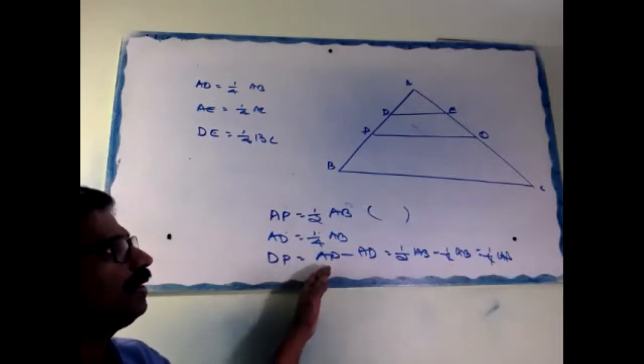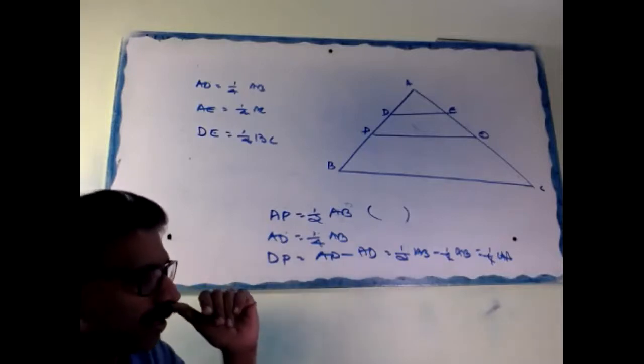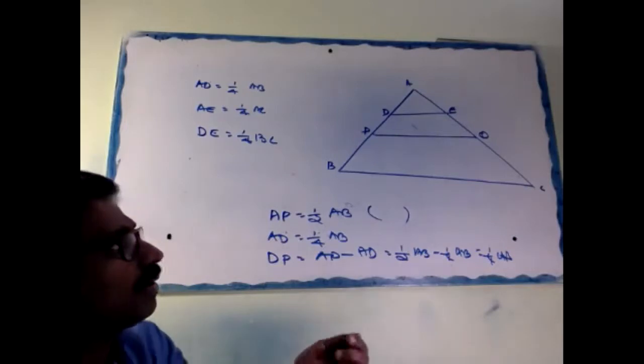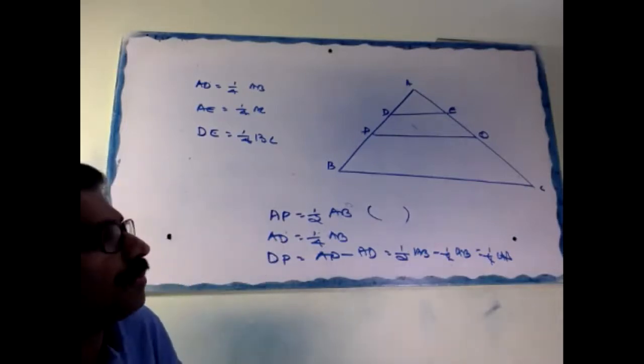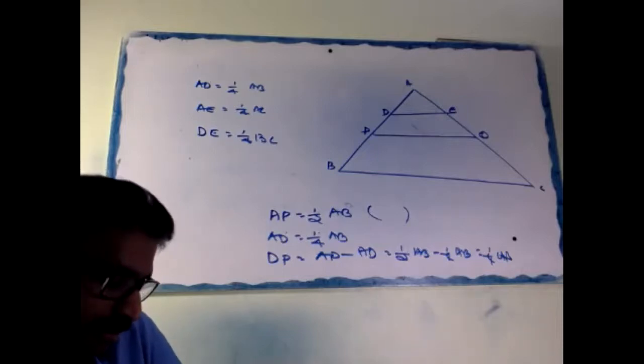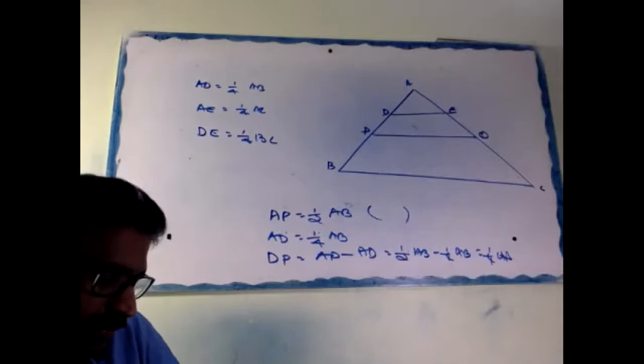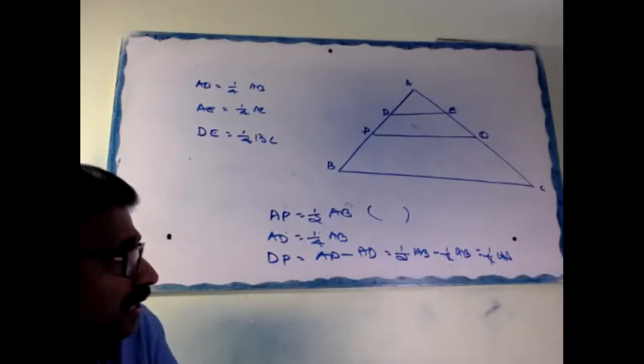DP equal to AP minus AD, half AB minus quarter AB, quarter AB. Therefore, D is the midpoint of AP.